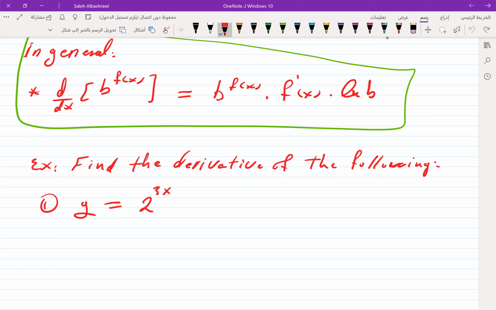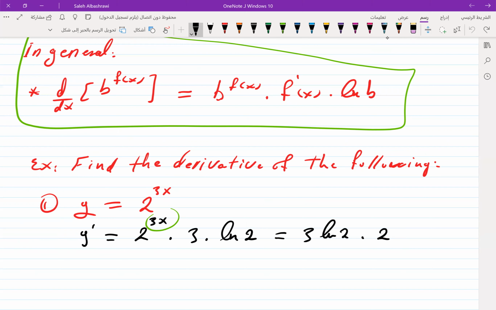The derivative y prime is equal to the function itself, 2 to the power 3x multiplied by the derivative of the power. The derivative of the power is equal to 3 multiplied by ln of the base, which is 2. So it is 2 to the power 3x multiplied by 3 multiplied by ln of 2, or we can write it as 3 ln of 2 multiplied by 2 to the power 3x. Just rearrange it, putting the constant in front of the function.